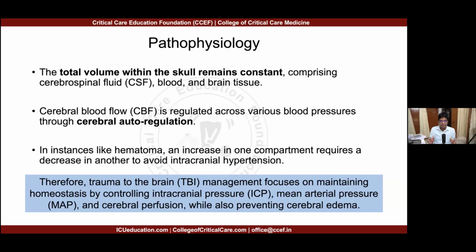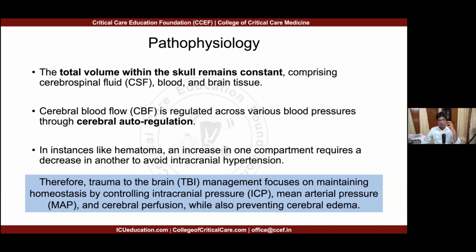That's the main cause. And the brain has a very wonderful mechanism which we call cerebral autoregulation. Blood pressure varies throughout the day and night, and in terms of trauma, injuries, fever, or any condition like that.